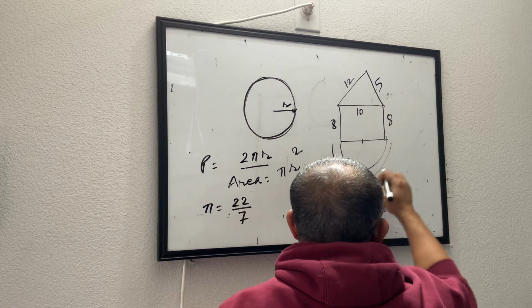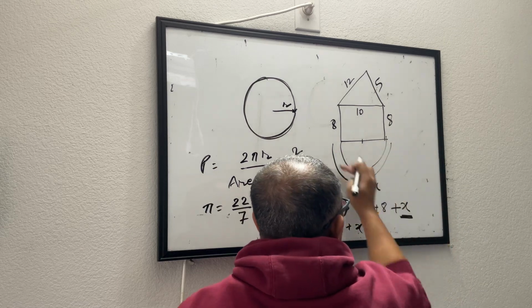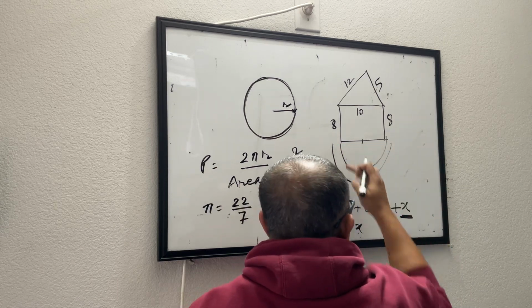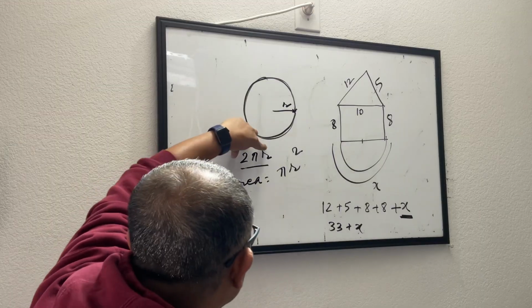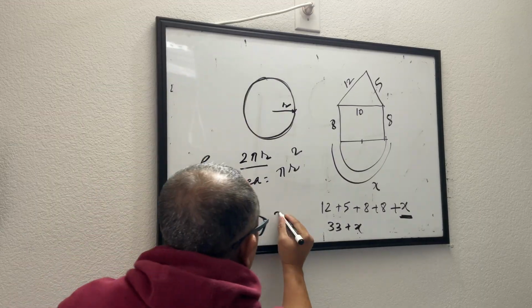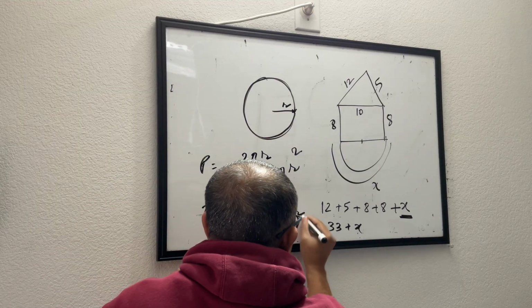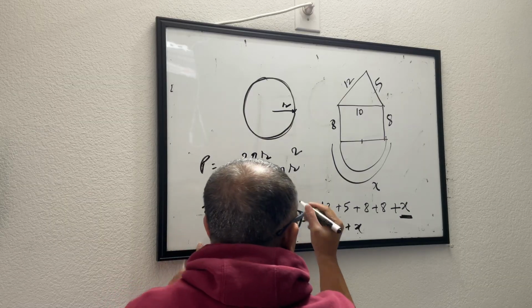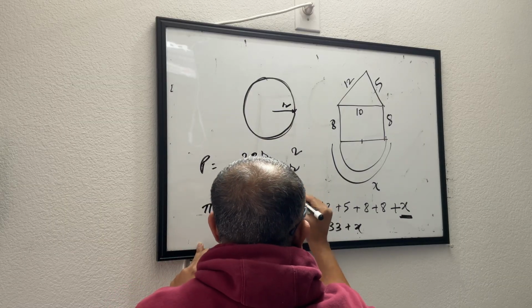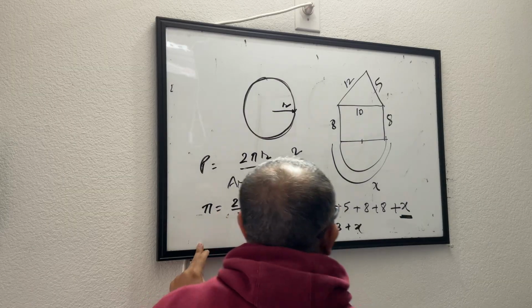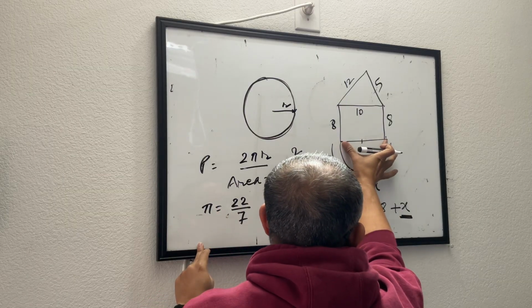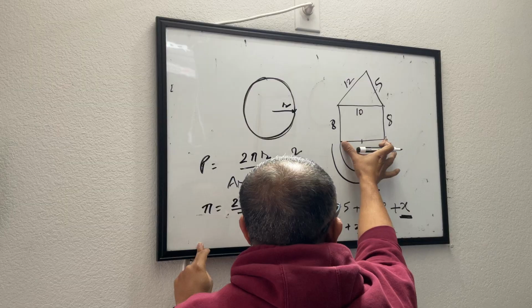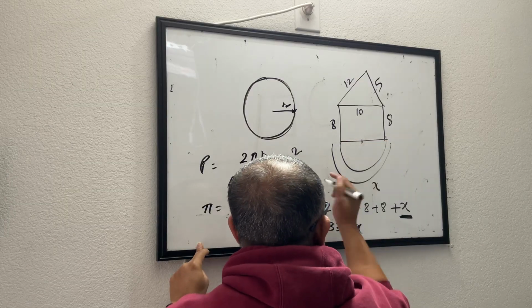This is my semicircle. Half of the perimeter is what would be enough. My perimeter is 2 pi r. Half of that would be 2 pi r by 2. Knock off 2 and 2. What you are left with is pi and r. Pi is 22 by 7. And what is r? This whole thing is the diameter, so half of that would be my radius, which is nothing but 5.